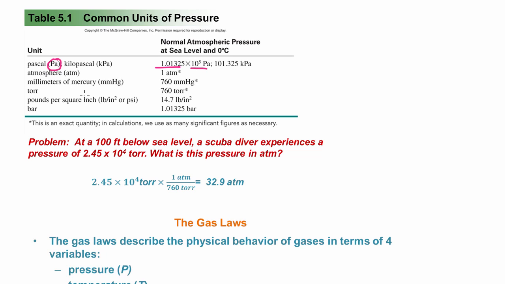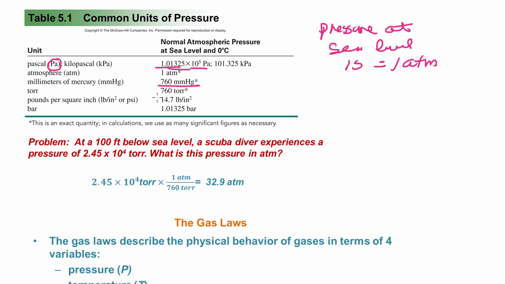The pressure at sea level is equal to 1 atmosphere, or 1.01325 times 10 to the 5 pascals, or 760 millimeters of mercury, 760 torr.